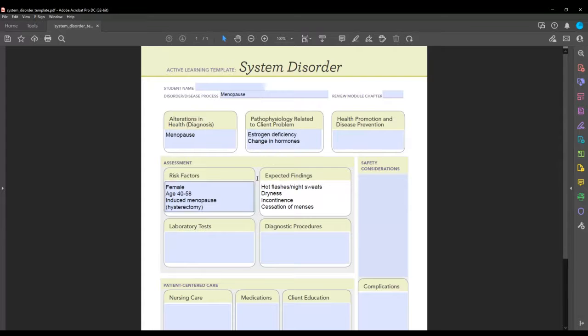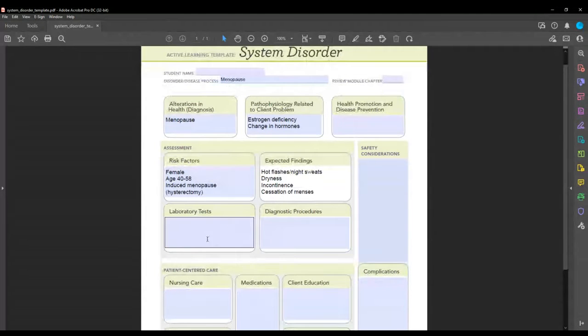Okay. What kind of laboratory tests do you think? Let's pretend we're at the Women's Health Clinic, our patient's here, and she's concerned she's in menopause. What are some things that we might check in a laboratory test? Estrogen, you could.